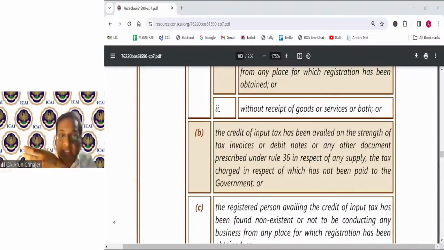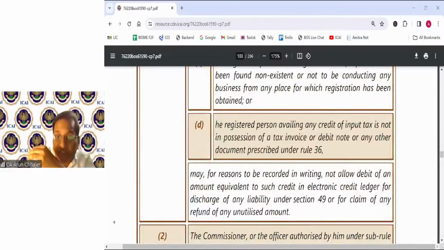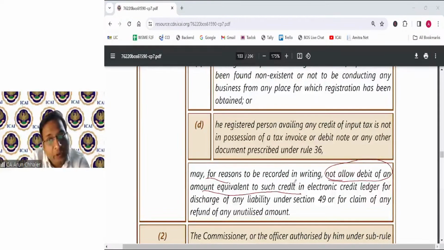But what happens if someone has satisfied the condition? The officer may, for reasons to be recorded in writing, not allow the debit of an amount equivalent to such credit in the electronic credit ledger for discharging of liability under section 49 or for claim of any refund of unutilized amount.